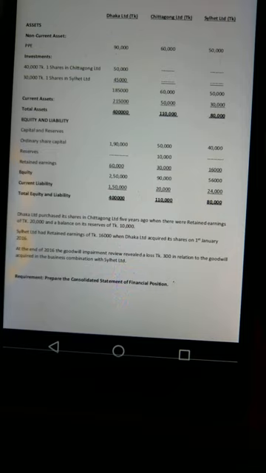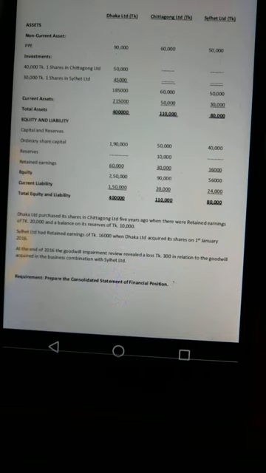So Dhaka Limited is the parent company, the holding company. Now I think all of you have understood this overall concept of investment.